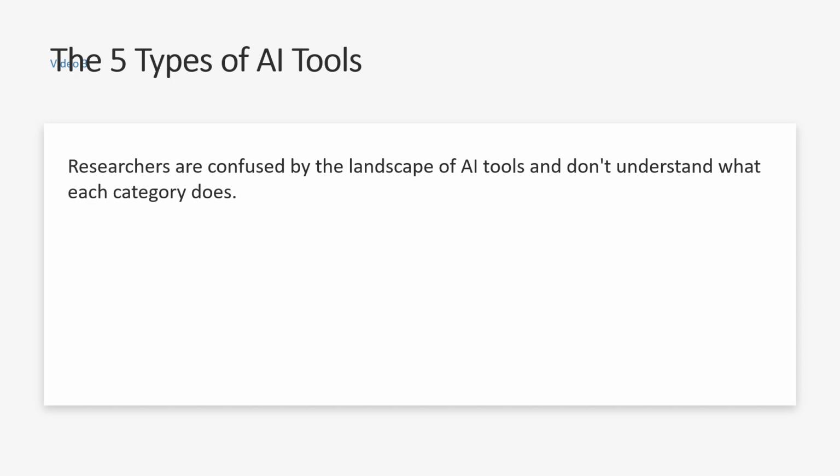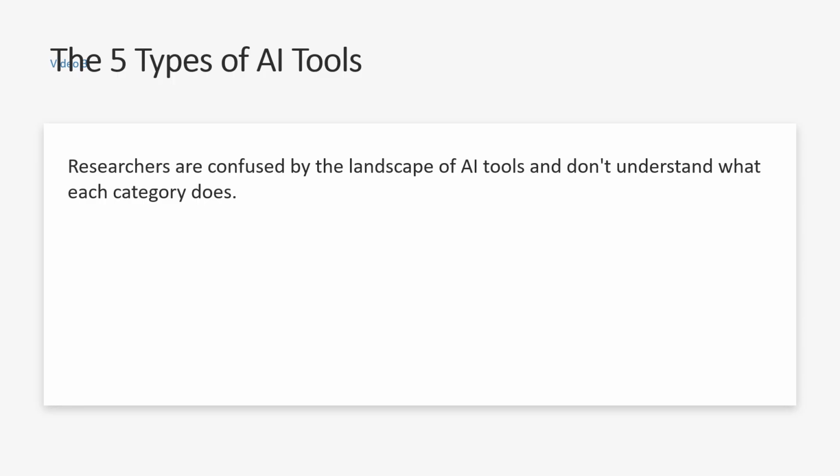Others hear about a specific tool from a colleague and assume it will solve all their AI needs, when really it only addresses one narrow aspect of the research workflow. Still, others become completely paralyzed by the sheer number of choices and do not adopt any tools at all, falling further behind while they wait for clarity that never seems to come.